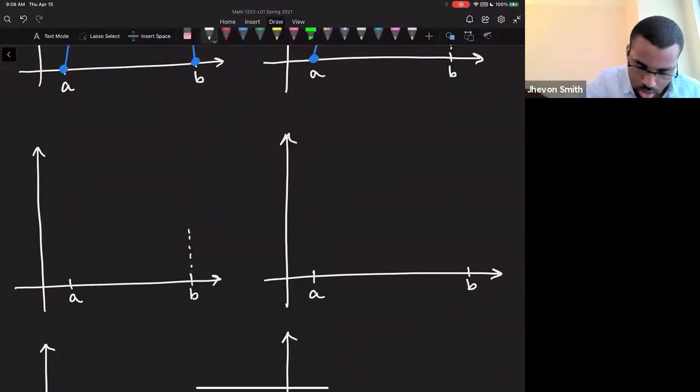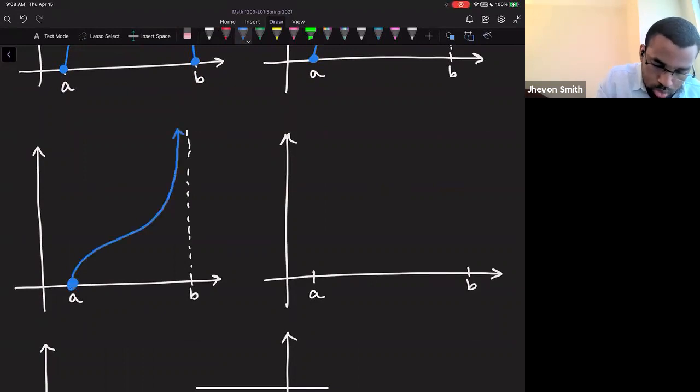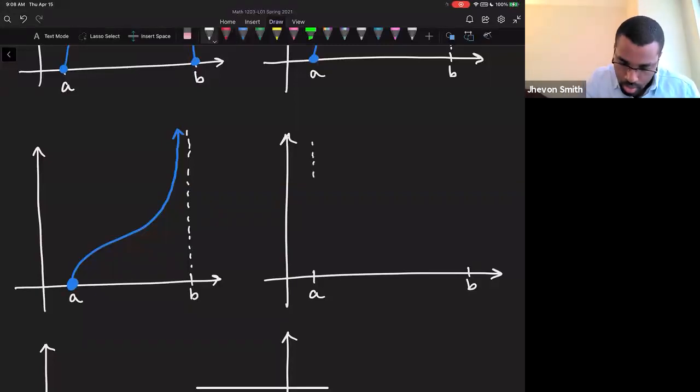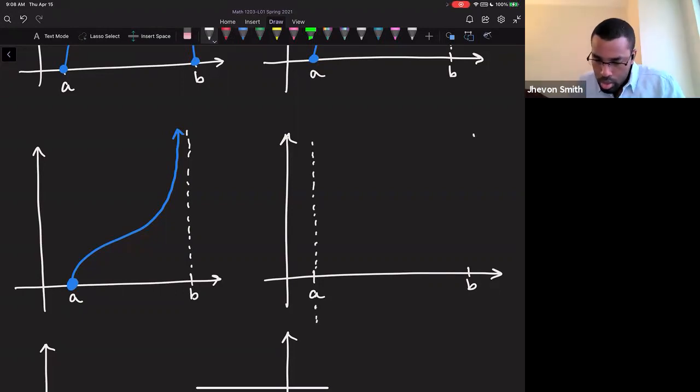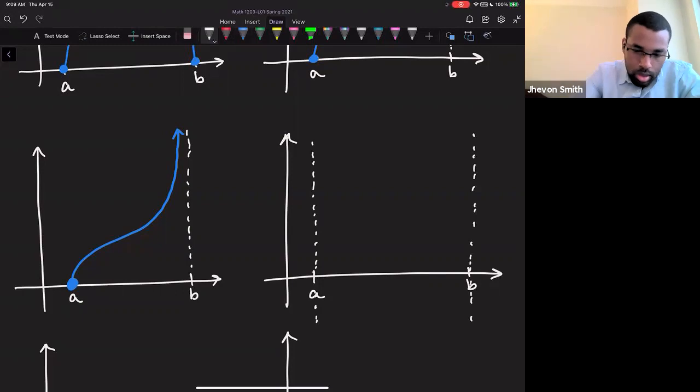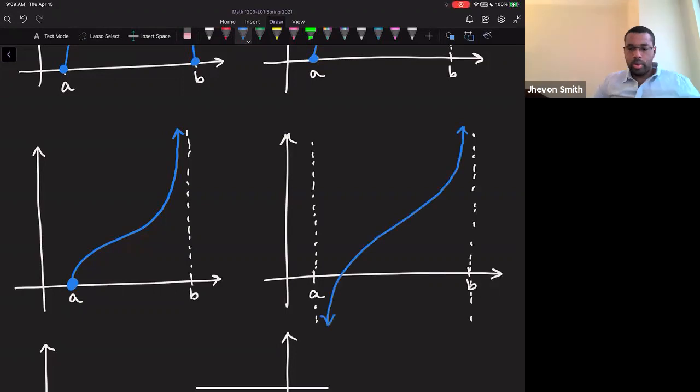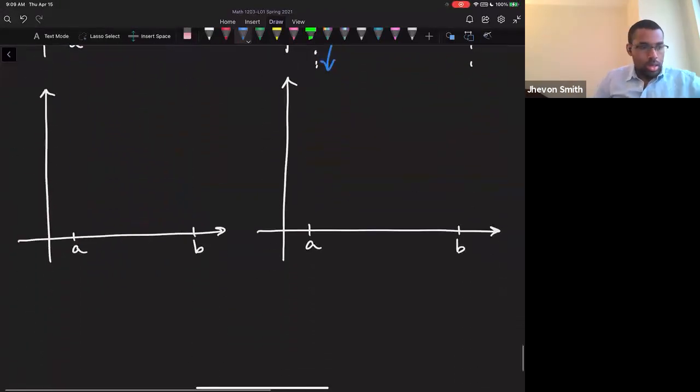We also have this little thing, and it's going up. In this case, our graph looks like this. And this one.